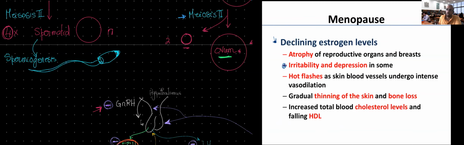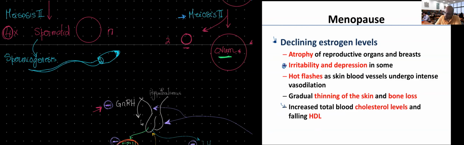So when I have a decline in the levels of estrogen, this is going to result in dilation of the vessels in the skin, gradual thinning of the hair, skin, and also bone loss.